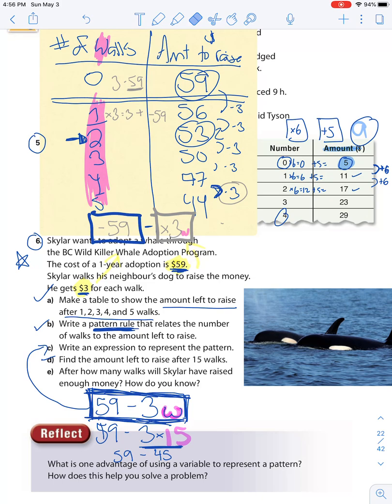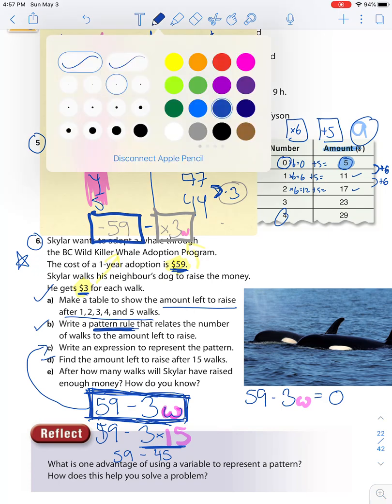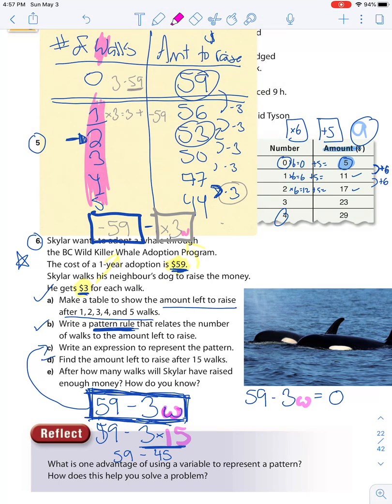So I'm gonna try this again. 59 minus 3 times W has to equal 0, because I don't wanna have any money left, right? So I have to figure out what 3 times what minus 59 is going to get us 0. I know it's going to be bigger than 15. Why don't we try 20 as a number? We'll see how that one works.